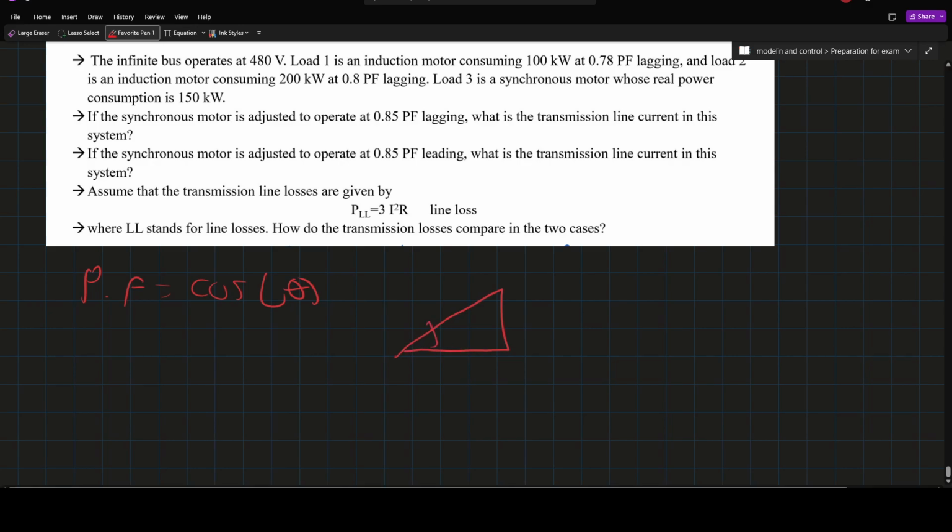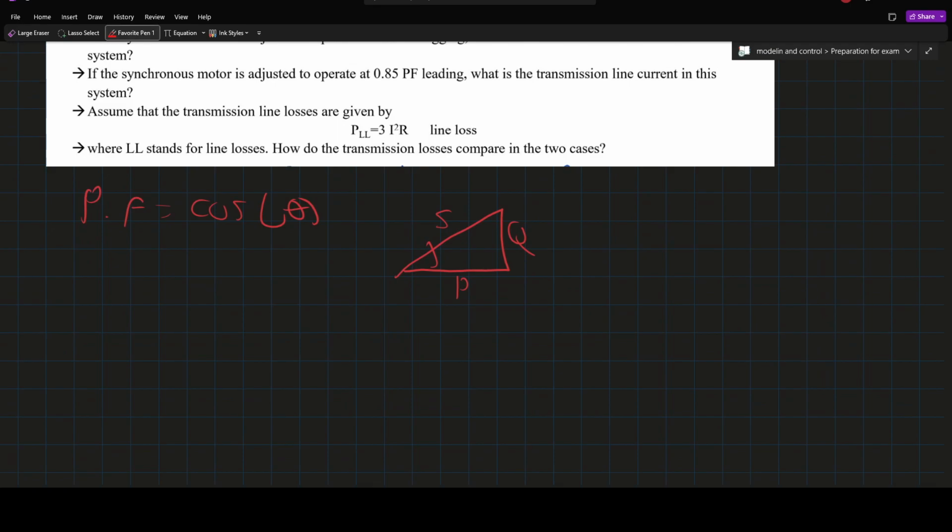Here is the real power and the reactive power Q. We know that Q is going to be equal to square root 3 of VI sine theta. We know that our P is going to be square root 3 VI cos theta.